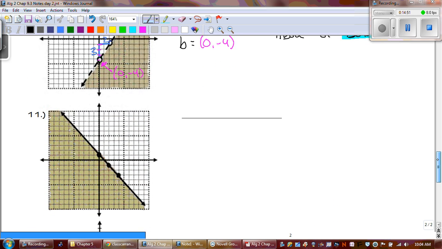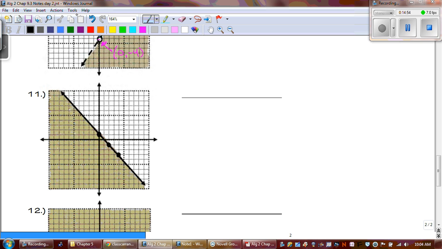Okay, let's move on to number 11. So let's take a look. We need to know the slope. From one point to the next point, we went down 2 and to the right 2. So our slope is -2/2, but we can reduce that to -1. Okay, the next thing we need is our b, which is where we begin. And right there we begin, that's at 0, 1. So is it solid or dashed?